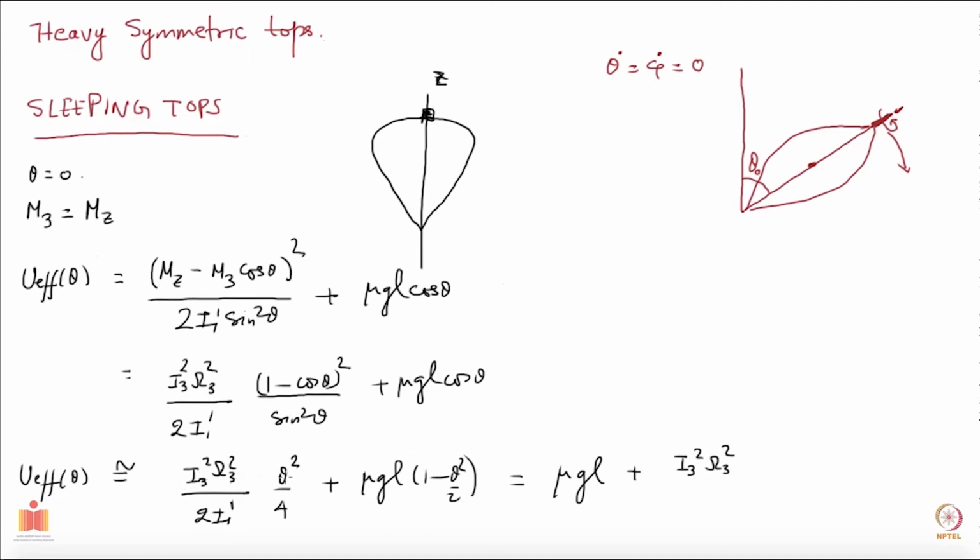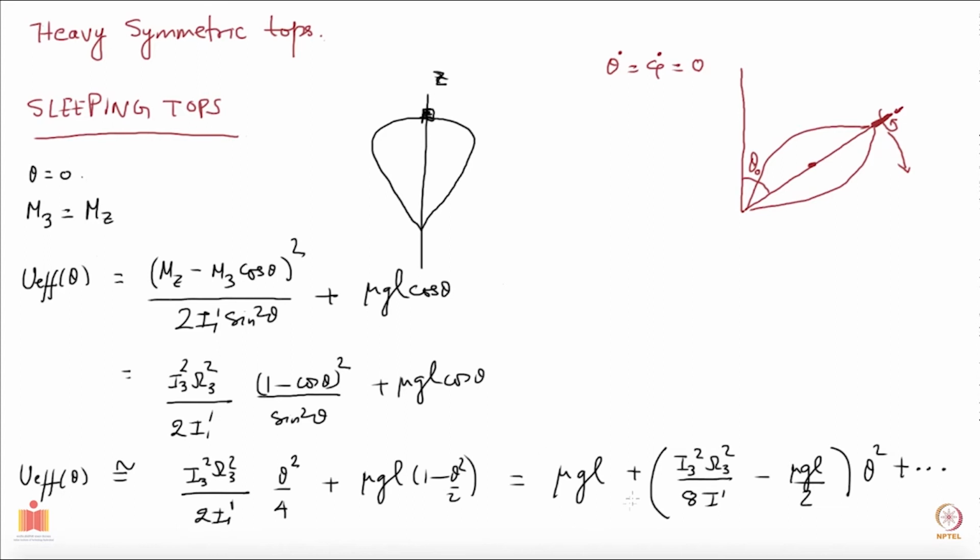Then I have a theta square in these two terms, which I take common, and you have 4 into 2 is 8 I1 prime, that is correct, and then you have mu gl over 2, times theta square plus higher order terms.